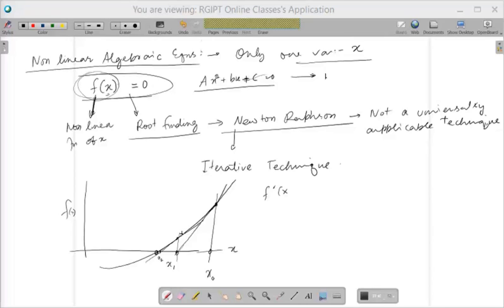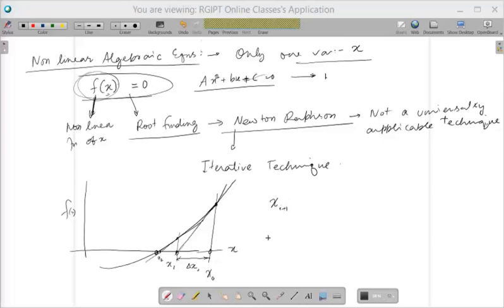So this procedure, you can check back. I'm not going to show that; you can show that yourself. At any step, x(i+1), you improve. So there will be a delta x at each step, a change in x.